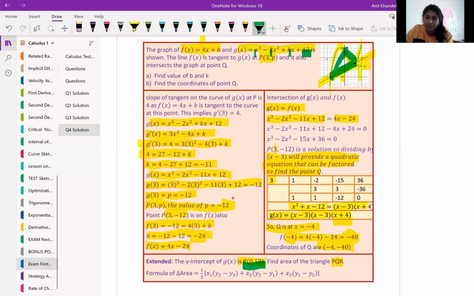No. If you have done that, then you can use that particular formula because QP is one line and QR is another line. So between these 2 lines, we can find the angle theta. Once you know this angle theta, you can use the formula half AB sine theta. Oh, that would work. Yeah. So make a note. You have to learn this method of finding the angle between 2 lines.